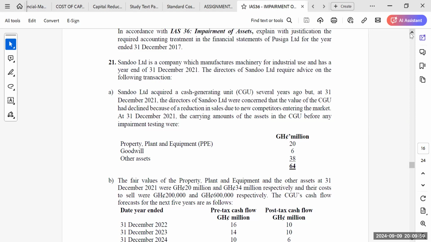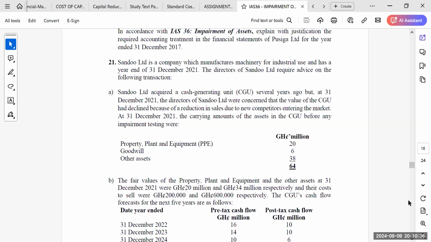At 31st December 2021, the carrying amount of the assets in the CGU before any impairment testing were PPE 20 million, goodwill 6 million, other assets 38 million. B, the fair values of the property, plant, and equipment and the other assets at 31st December 2021 were 20 million and 34 million cedis respectively, and their cost to sell were 200,000 and 600,000 cedis respectively.